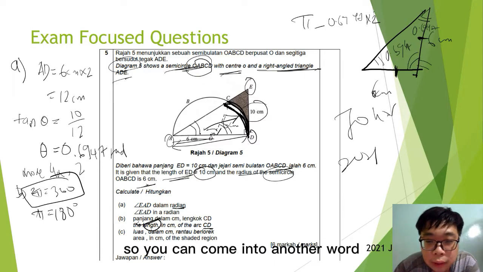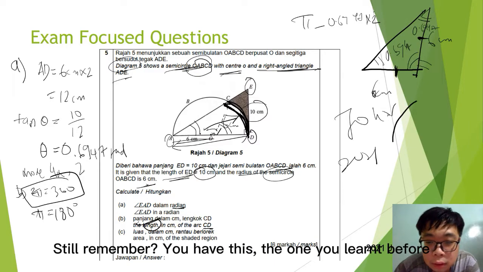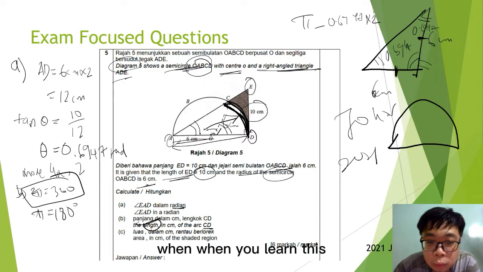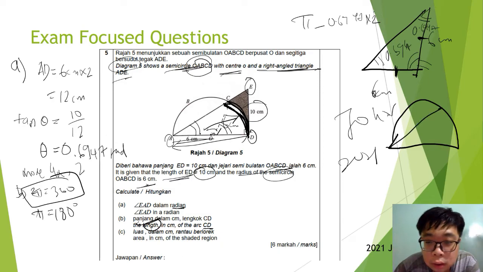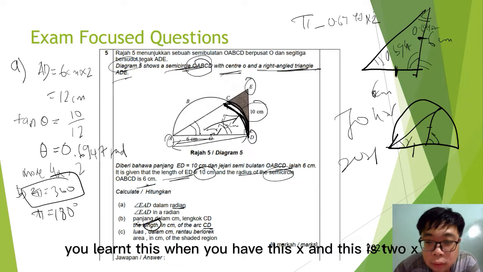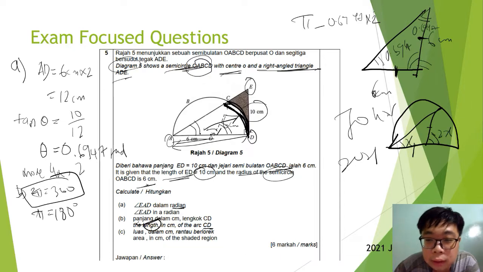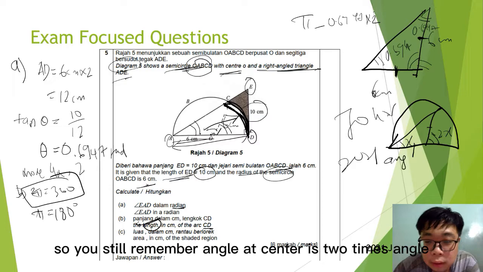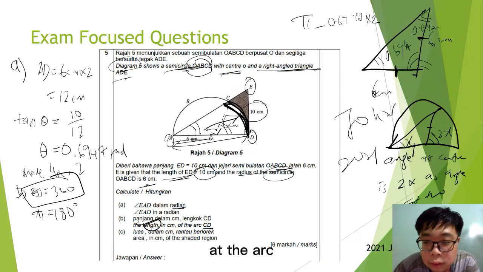So you can use another method that you learned before. When you have this x and this is 2x, you still remember the angle at the center is 2 times the angle at the circumference.